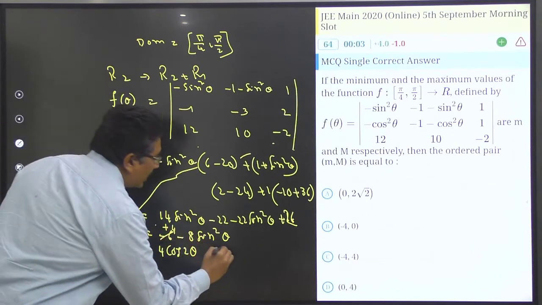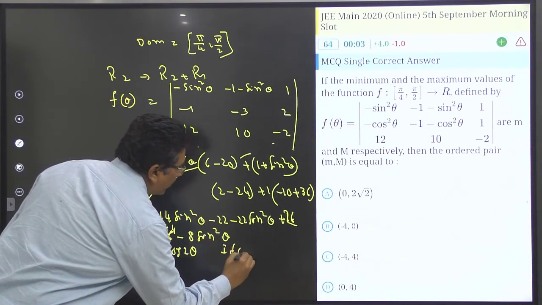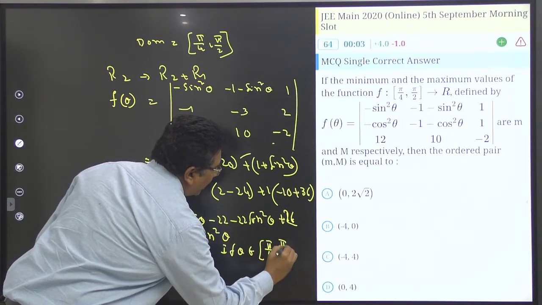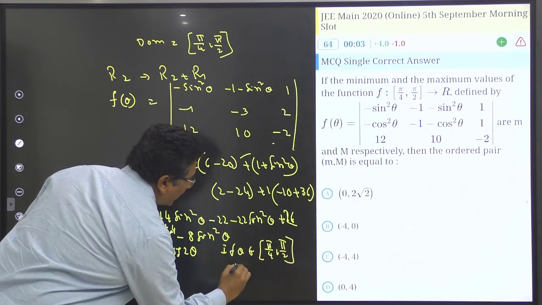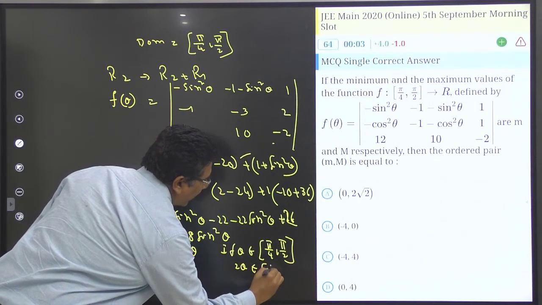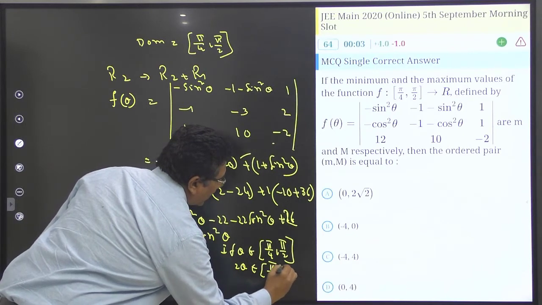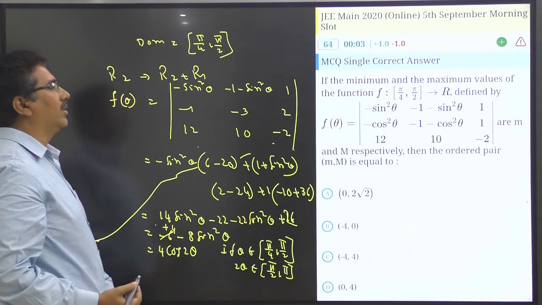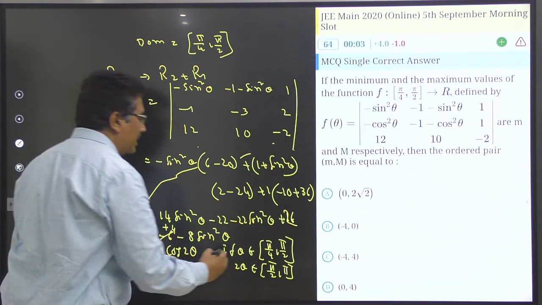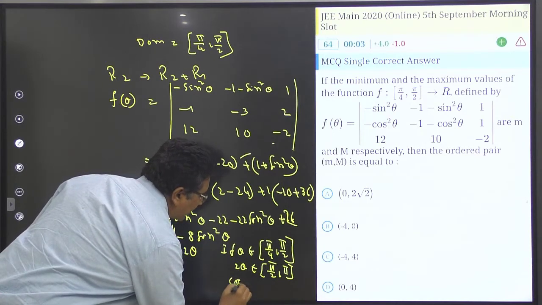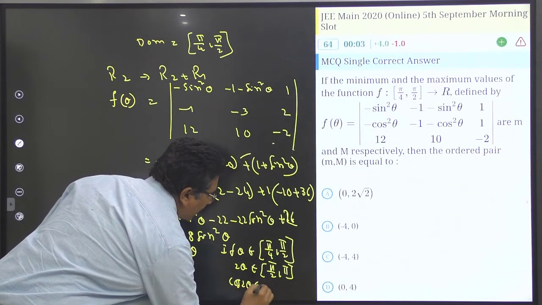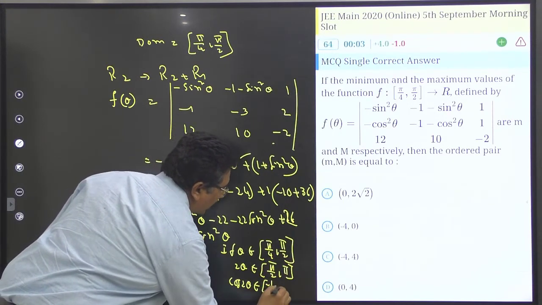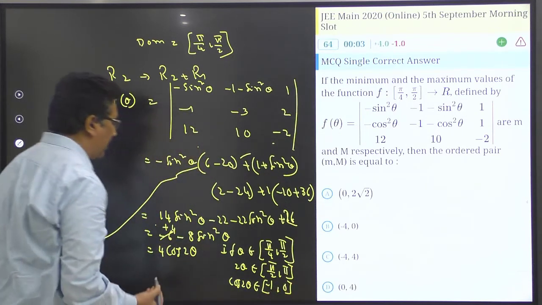If theta belongs to pi by 4 comma pi by 2, now 2 theta belongs to pi by 2 comma pi. Since the cos function is a decreasing function, cos 2 theta belongs to cos pi, minus 1, to cos pi by 2, that is 0.